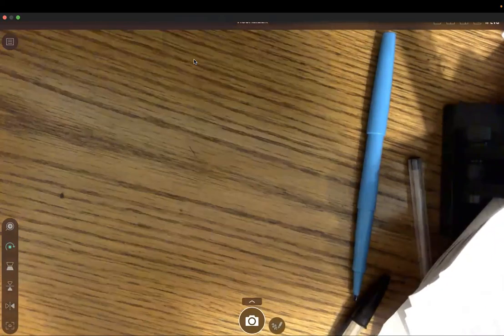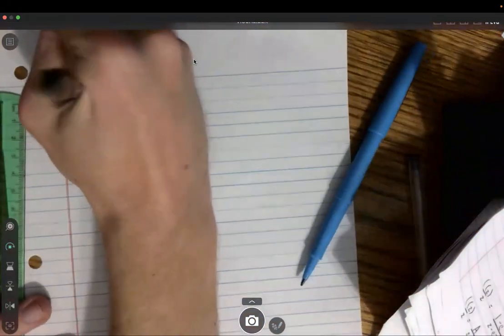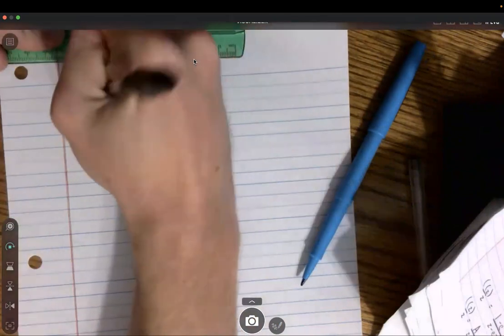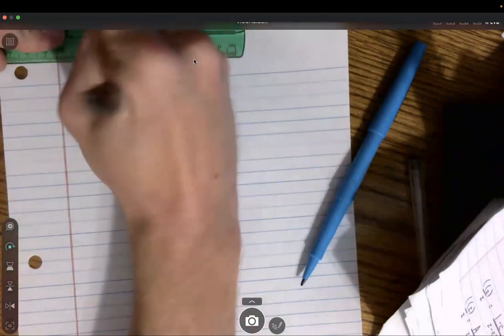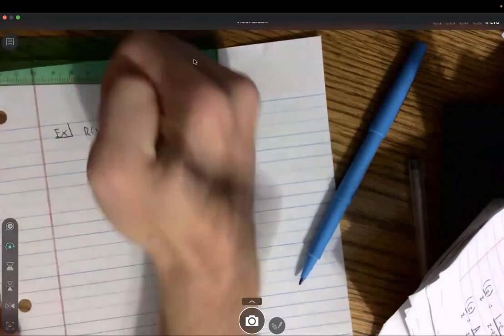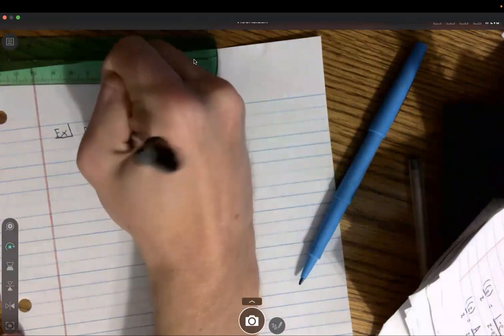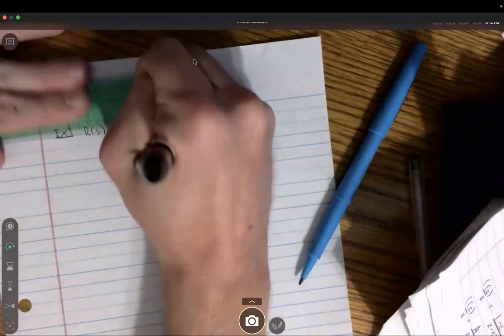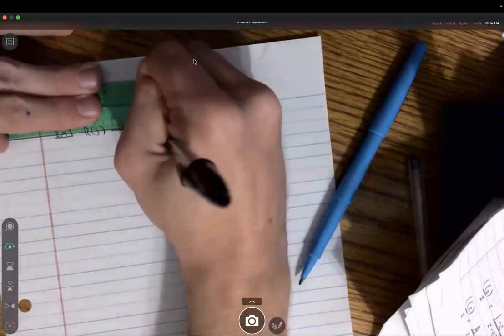So here, say for our example we have an input, which is R of S. And then we have an analog to digital converter. Remember, we just said we need a switch always at the input in order to convert it. Then we pass through our filter.